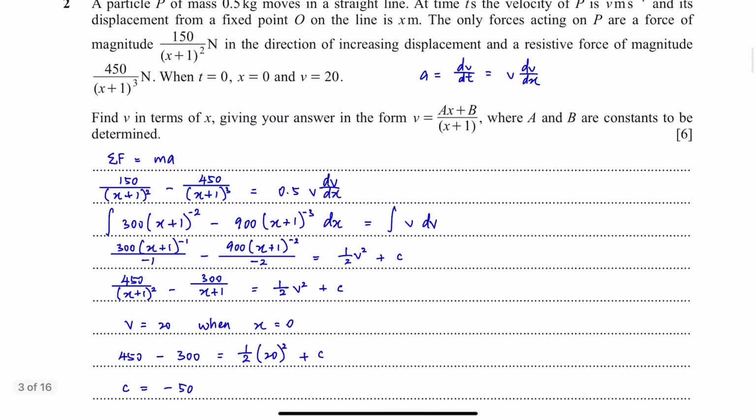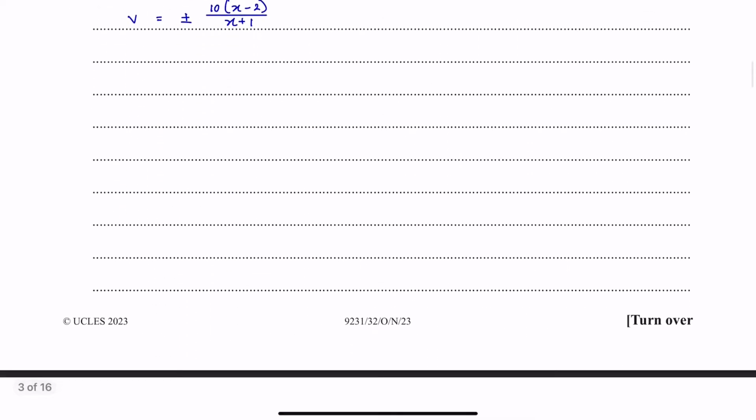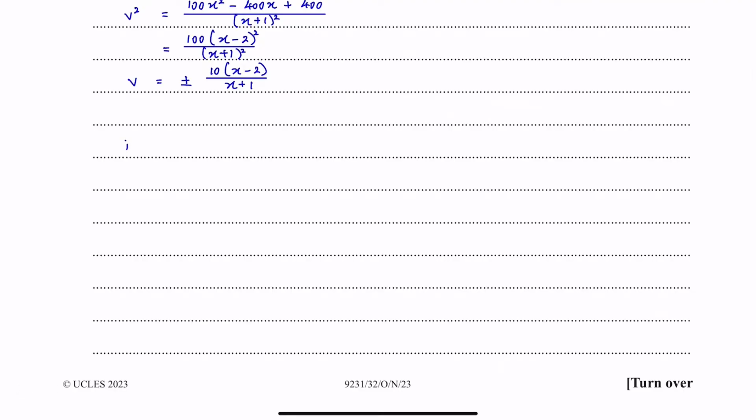Referring back to the question, we know that x is 0 when v is 20. So if v equals to positive 10 times (x minus 2) over (x plus 1), v would be equals to negative 20 when x is 0.